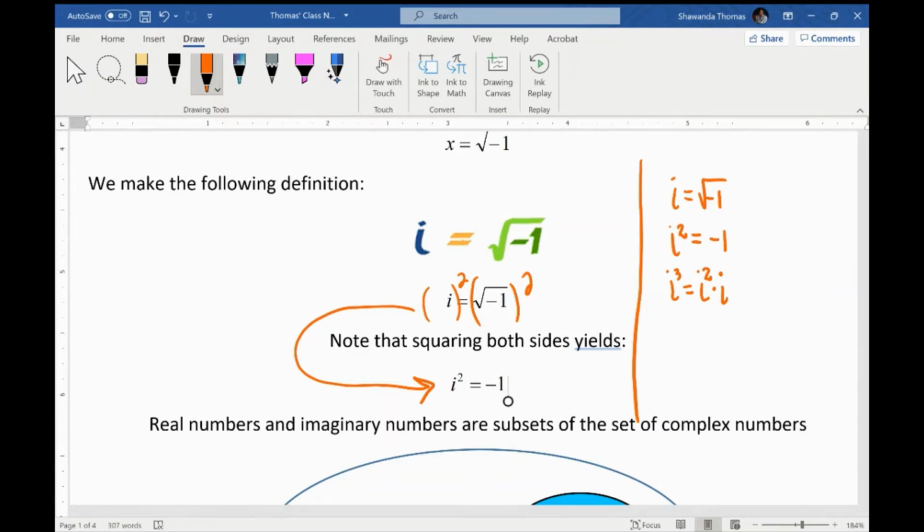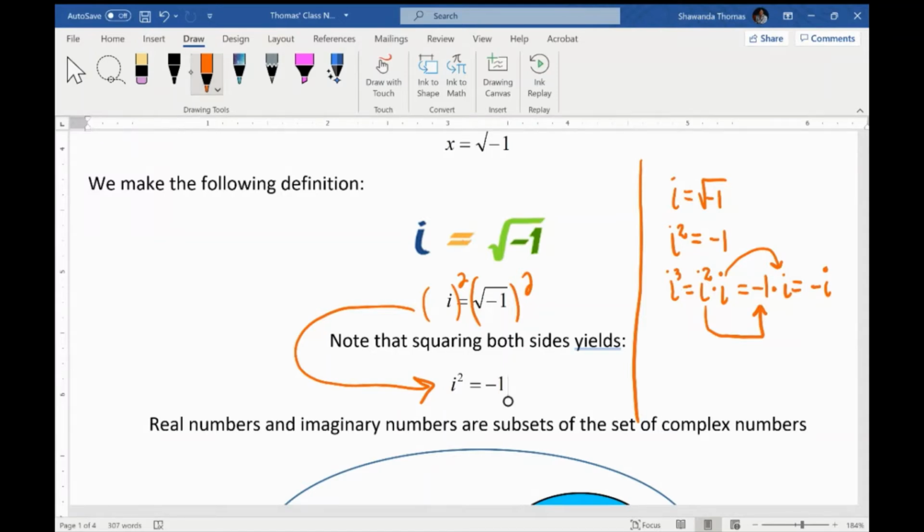Remember, when you have the same base, you can add the exponents. So if we know that i squared equals what again? -1, times this i. Then that must mean that i cubed equals -i.